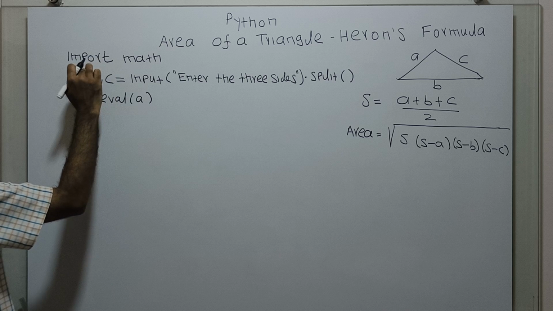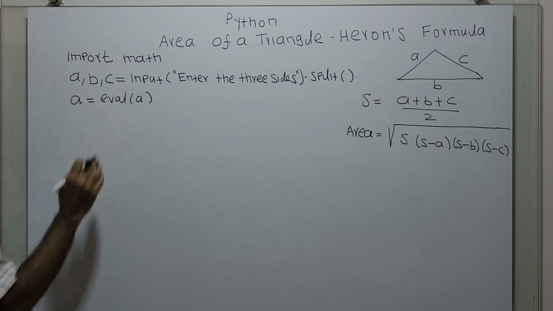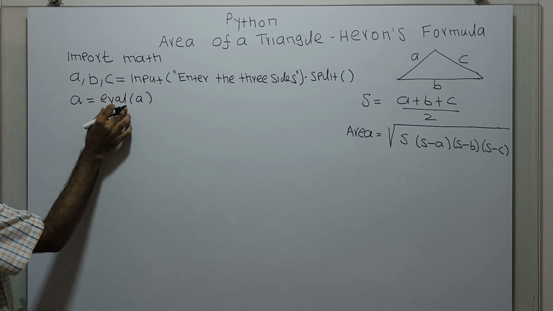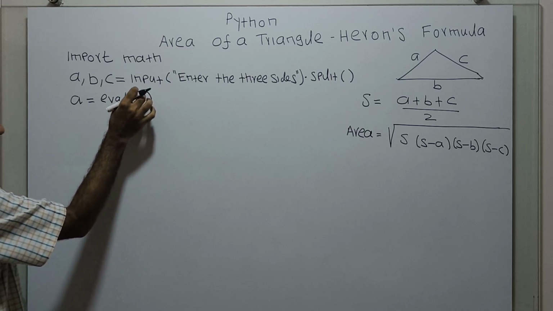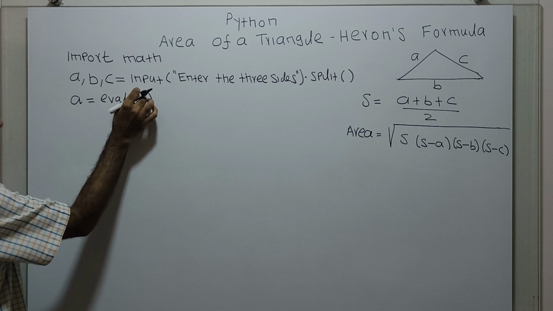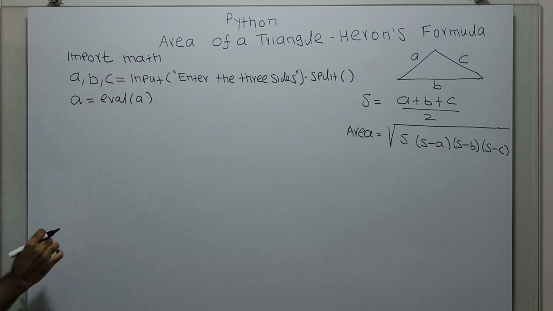A, B and C are all strings. I am converting them into a numeric type, so for this I am using the eval function. The eval function will convert the string stored in the variable A into the appropriate numeric data type.